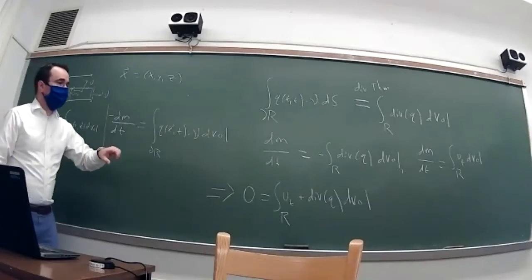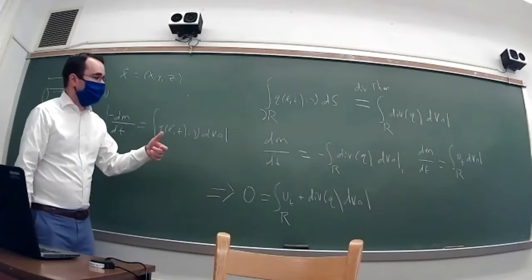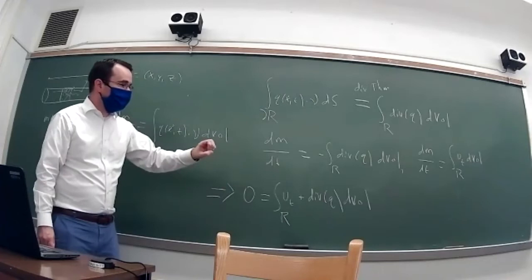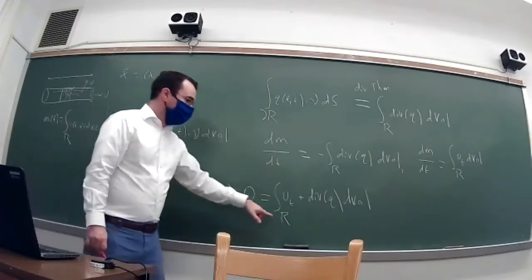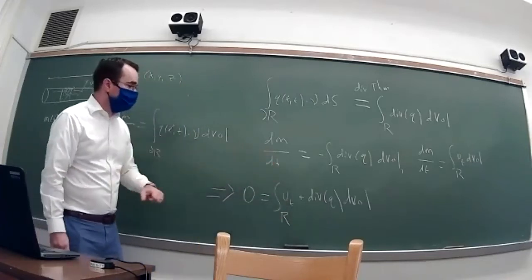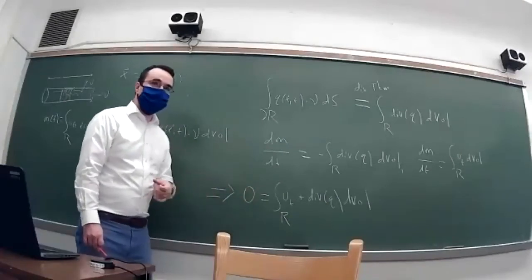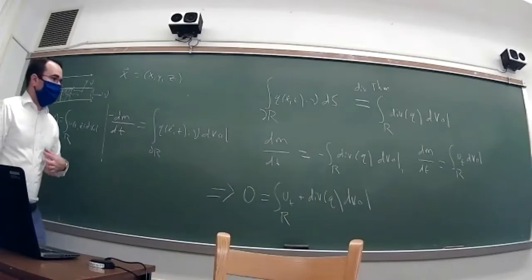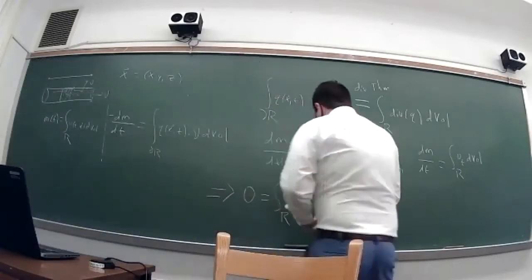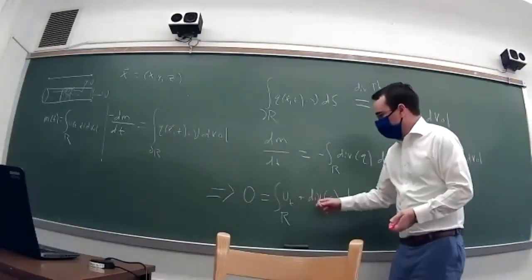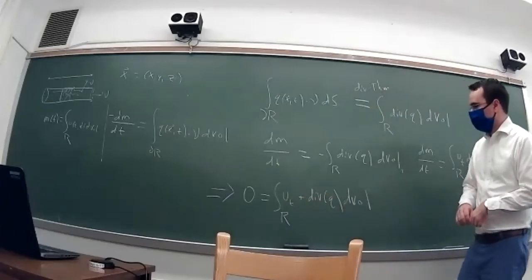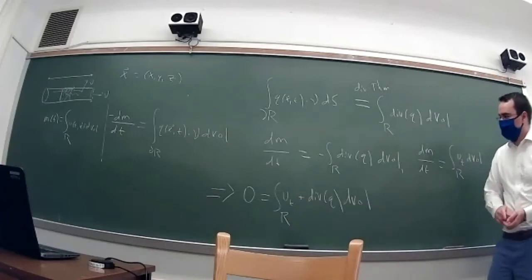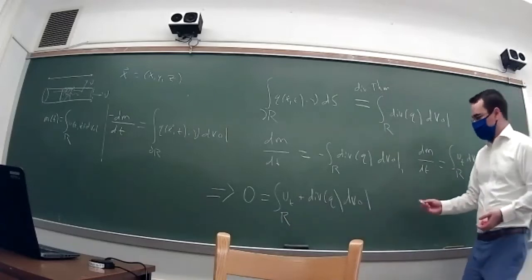Being continuous, there would be a region around that point where the integrand is always positive or always negative. Choose R to be contained within that region, integrate over it, and this value would not be 0. So as long as these partial derivatives are continuous, and this holds for every R, if the integral is 0, then the integrand must be 0.